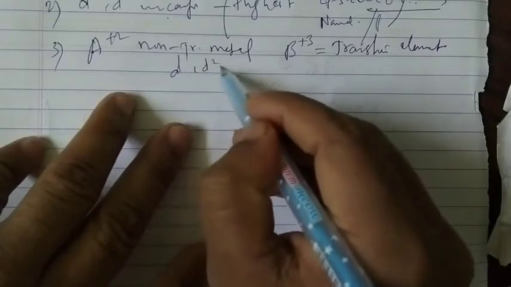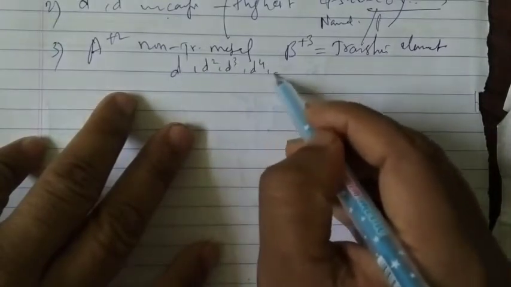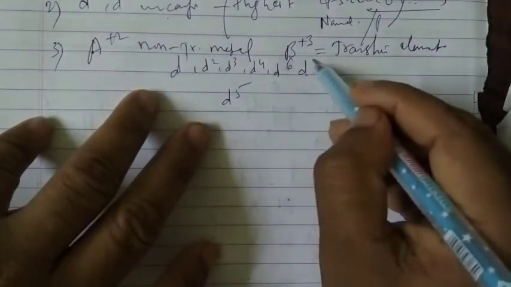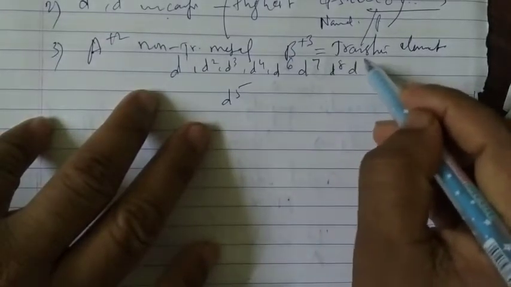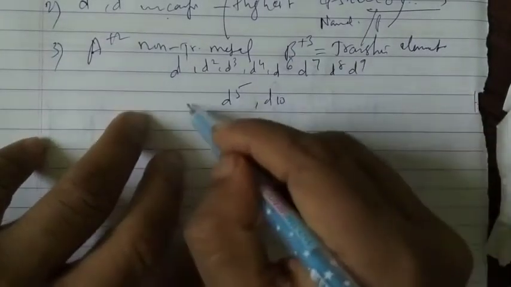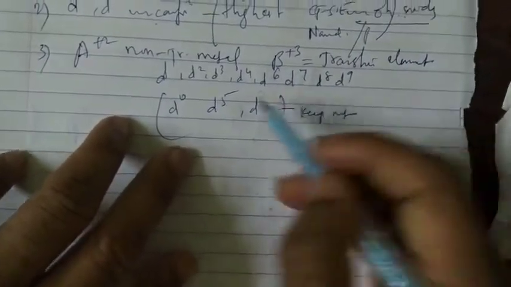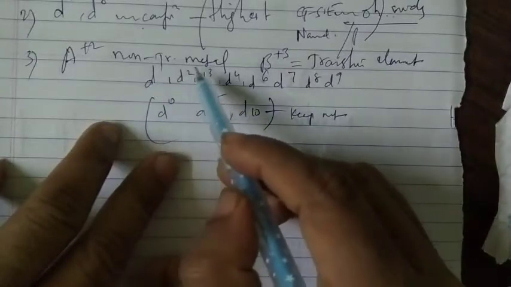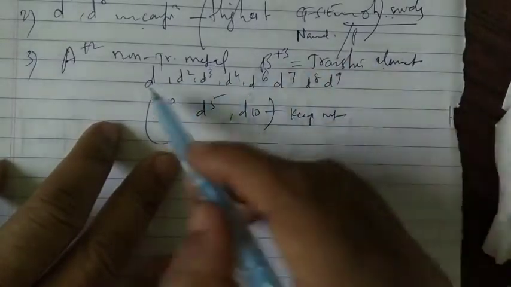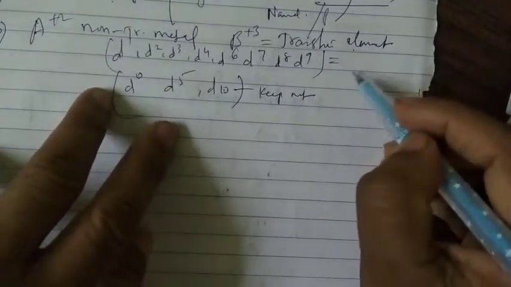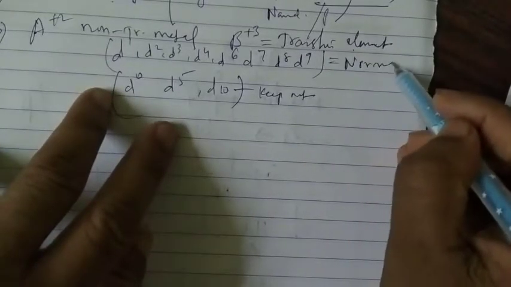D1, D2, D3, D4, D5 you don't take, D5 is out, D6, D7, D8, D9, D10 also you can keep out, D0 also you can keep out. If A+2 is a non-transition element and B+3 is a transition element with this configuration, then you can take it as a normal spinel.